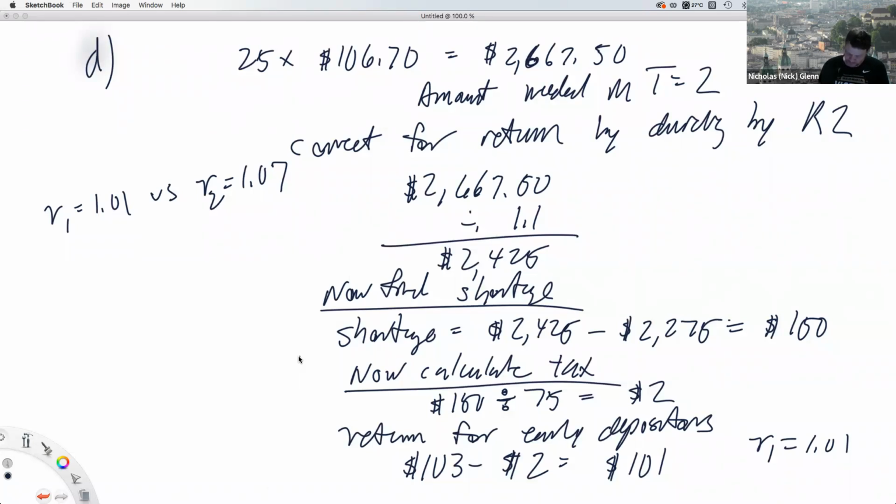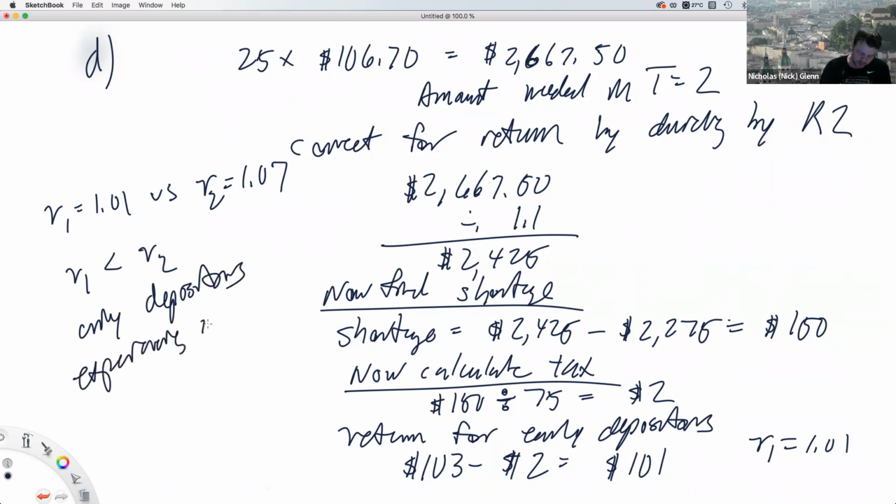All right. This R1 is less than R2. Only depositors experiencing liquidity shock withdraw. Okay.